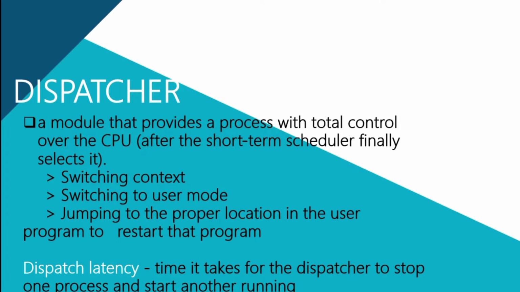Dispatcher is another important component in CPU scheduling that provides a process with total control over the CPU. Okay, so the dispatcher is used in switching context, switching to user mode, and jumping to the proper location in the user program to restart the program.